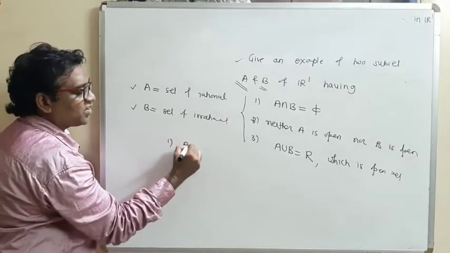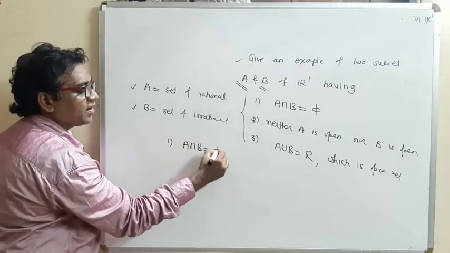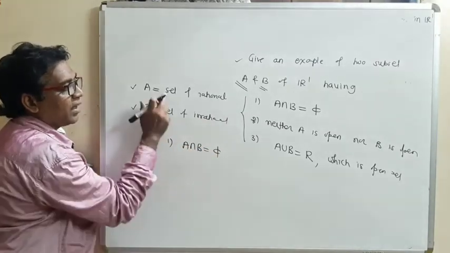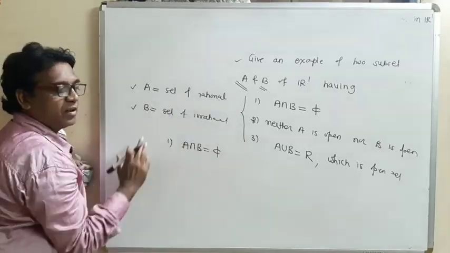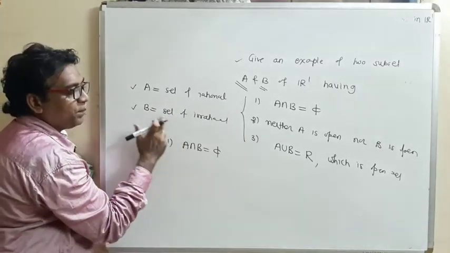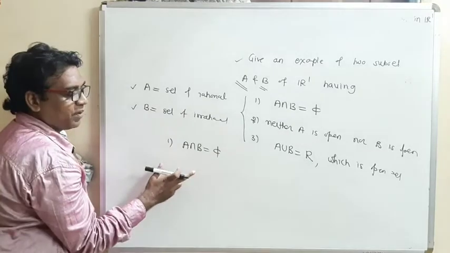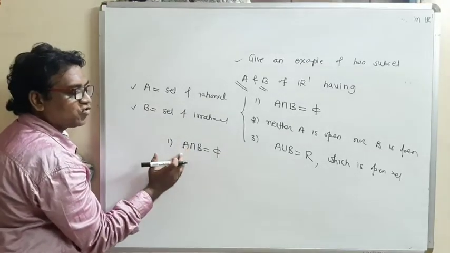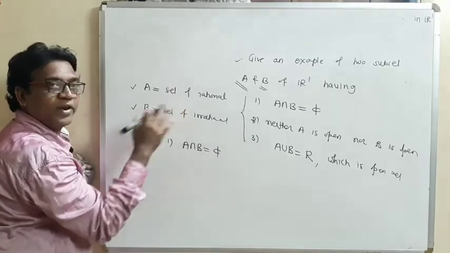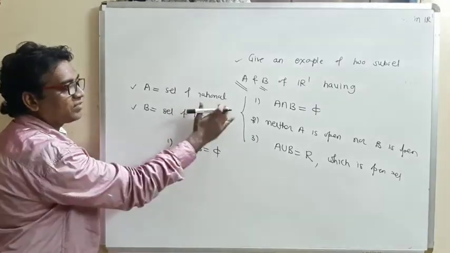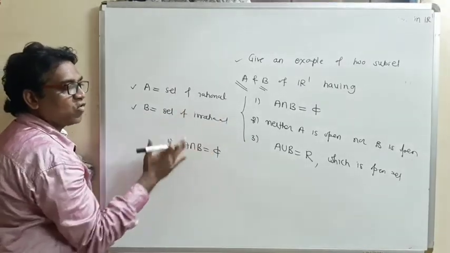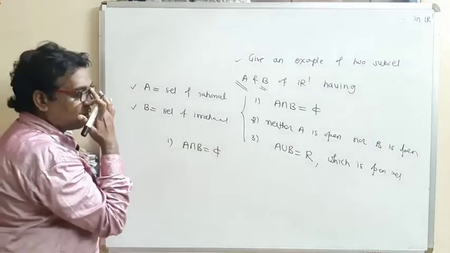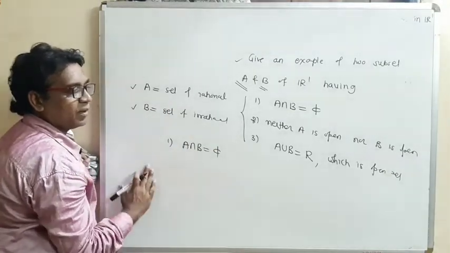Their intersection should be the empty set. A contains rational numbers and B contains irrational numbers, so there is no common element.